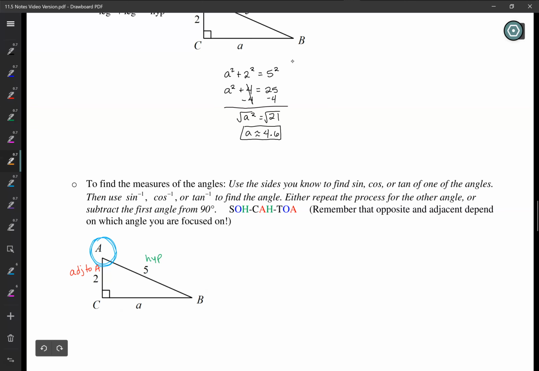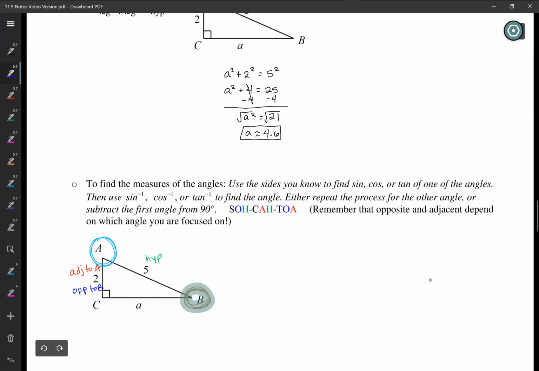But if I were looking at angle B, well, that might be right next to A, but if I'm looking at B, 2 is no longer adjacent. 2 would be opposite to B. So you need to decide whether you're looking at A or whether you're looking at B.